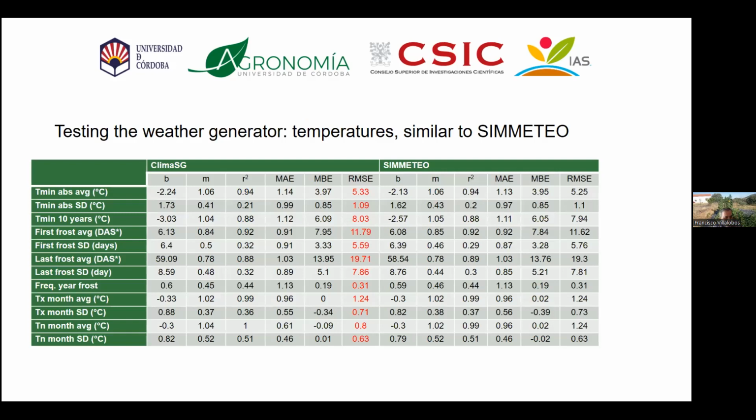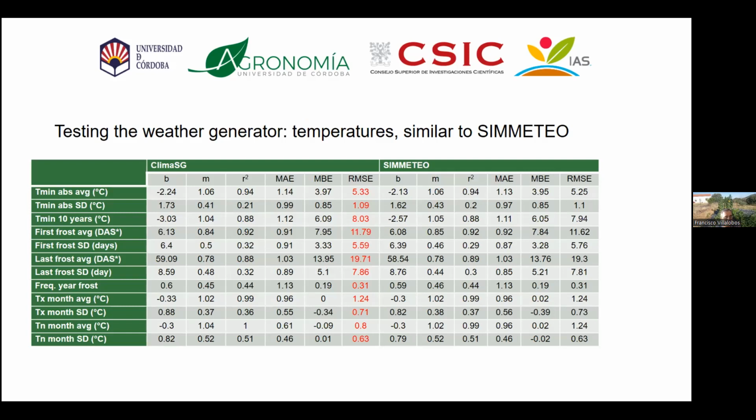Well, the results were more or less satisfactory in the fact that for temperature generation, the quality or the problems were still the same that we can find in SIMMETEO.